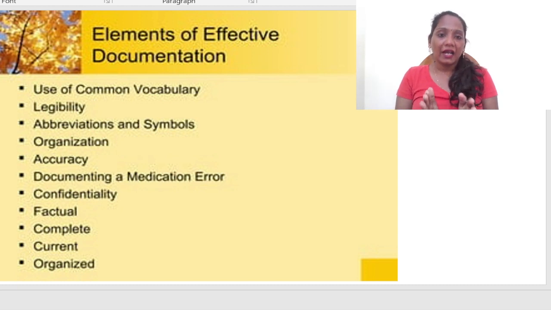It should be relevant and legible, and you have to check for errors, and this documentation should be confidential. So I hope I gave you a very important question. These need to be explained one by one, then you will get a 5 marks question. That is all about elements or principles of effective documentation.